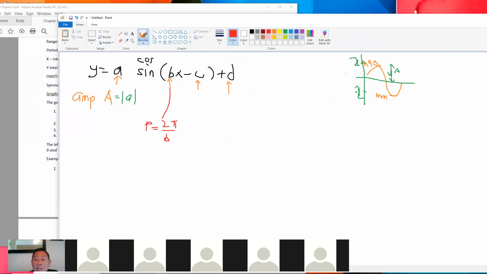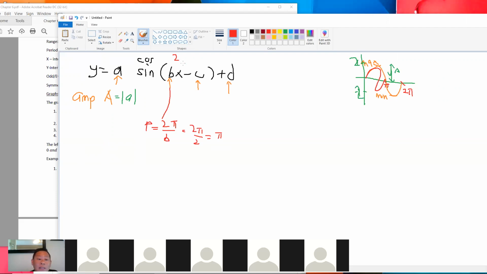Usually the graph goes from 0 to 2 pi, where B is 1. But if B is 2, then your period is 2 pi over 2, which is pi. So the graph will be shrunk by half and become pi.